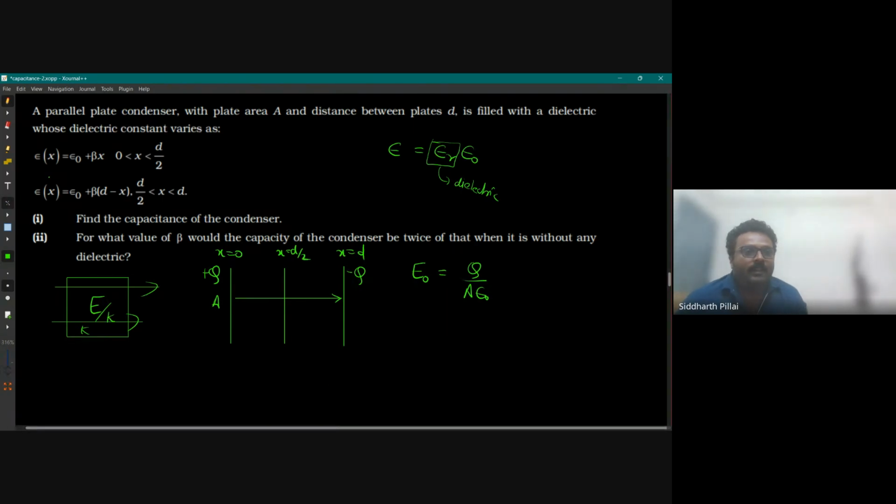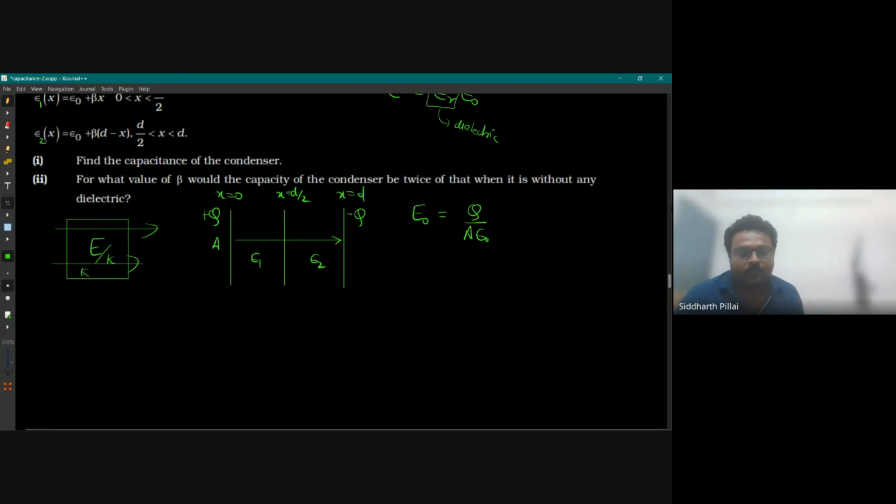Let's call the permittivities epsilon 1 and epsilon 2 for the second region. So from 0 to D by 2 you have epsilon 1, and from D by 2 to D you have epsilon 2.